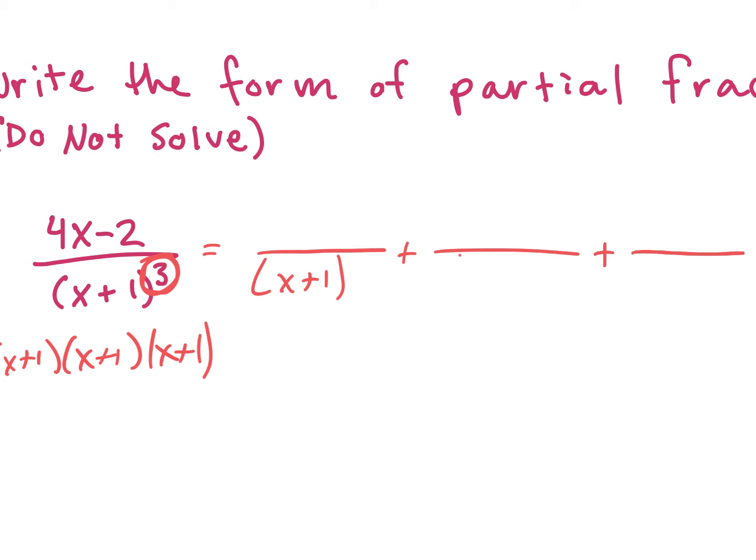Your next would be x plus 1 squared, and then this would be x plus 1 cubed. If you had it to the 4th power, you'd have 4 denominators: first power, second power, third power, 4th power. Mathematically, that's how it works out. If you just write x plus 1, x plus 1, x plus 1, it doesn't mathematically work. And then your numerators would be A, B, and C.